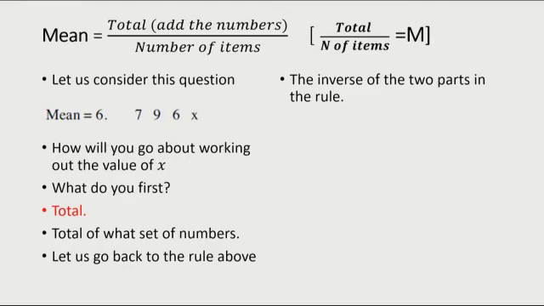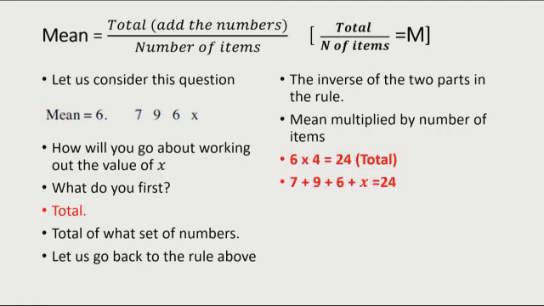So what was first? It's the total. What was second? Divide. So we're going to do that first. What is the inverse of divide? Well done. Multiply. The mean will be multiplied by number of items. The mean, which is 6, multiplied by the number of items, 4. So 6 times 4 is 24, and the total is 24.